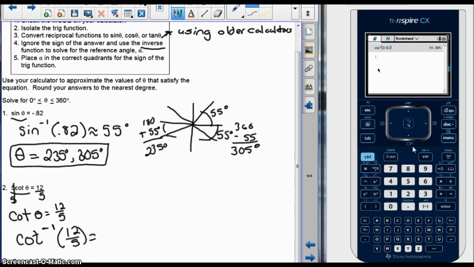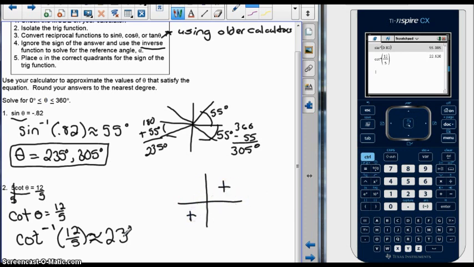We come over to our calculator, we choose trig, inverse cotangent, and we type 12 divided by 5. We hit enter, and we get 22.6, so we'll call that 23 degrees. That's approximately 23 degrees. Now, where is cotangent positive? In the first and third quadrants.